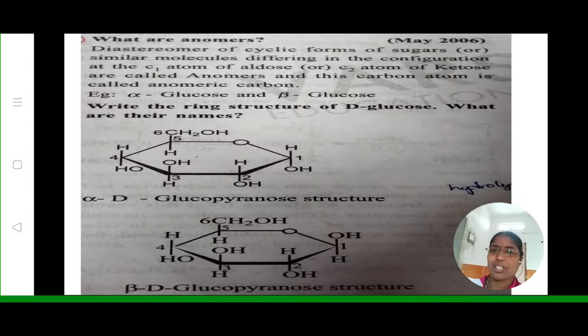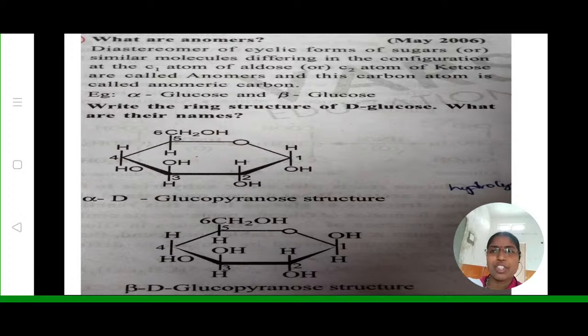Let's go to another 2 marks question: what are anomers? We have already discussed that the alpha and beta forms are called anomers. Anomers are diastereomers of cyclic forms of sugars, which are similar molecules that differ in configuration at the C1 atom of the aldose or the C2 atom of the ketose.